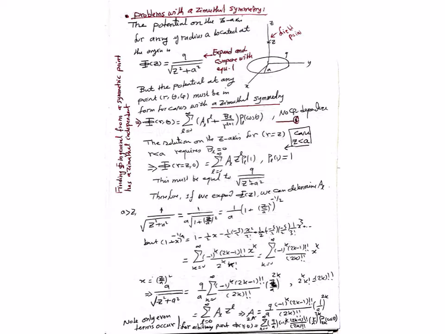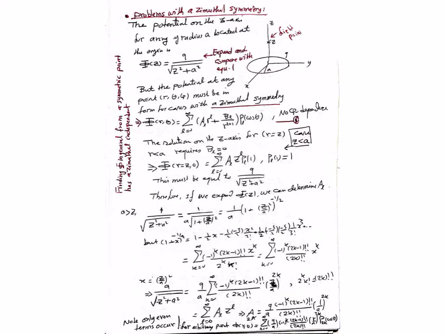We know that the solution is given by phi of r and theta equals the summation from L equals 0 to infinity of A sub L r to the power L plus B sub L over r to the power L plus 1, times P sub L of cosine theta.